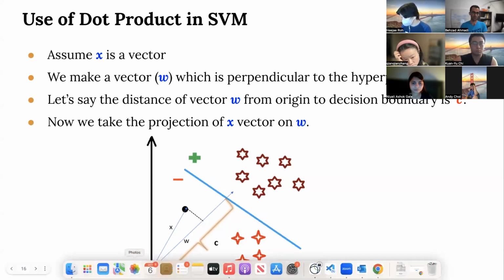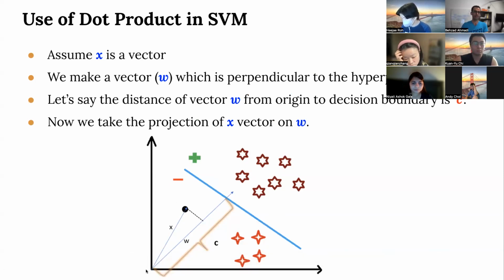Then you have your vector X, and you find the projection of X on W, which you know how to find. Let's say the distance of the plane from the origin along W is C, and now we want to take the projection of X on W.